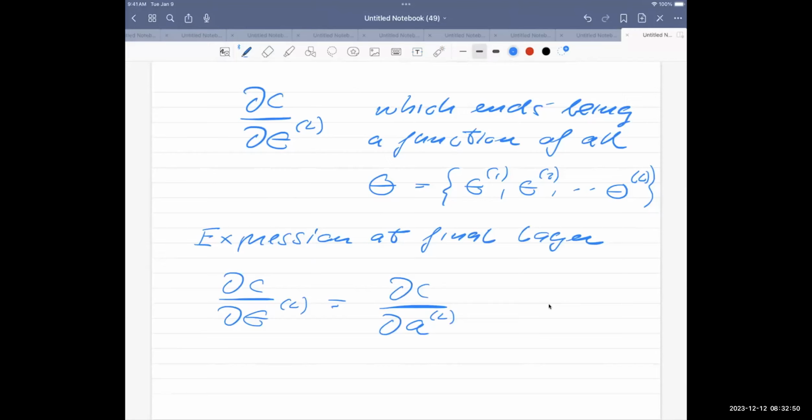So now we're just writing this in terms of a common container, theta, for both the weights and the biases.